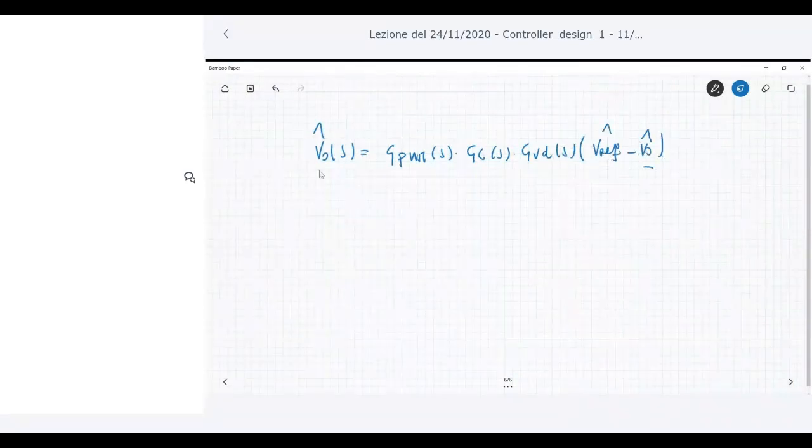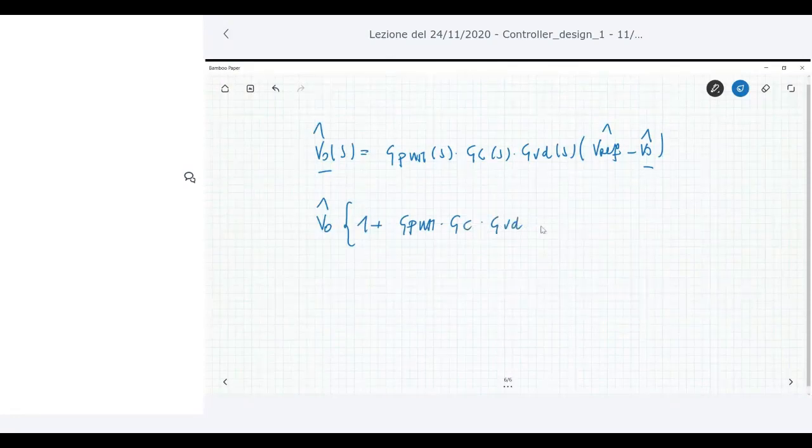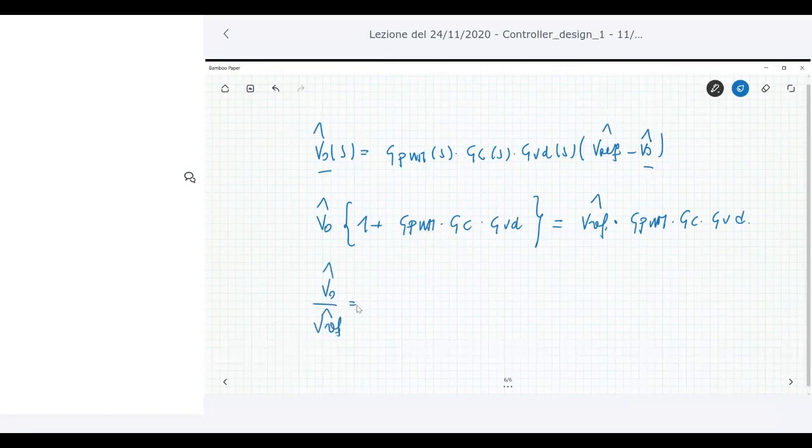I have Vo here and Vo here, so I can have Vo times (1 plus GPWM GC GVD), which is equal to Vref times GPWM GC GVD. And so if we want to get Vo over Vref, this is simply given by this ratio.